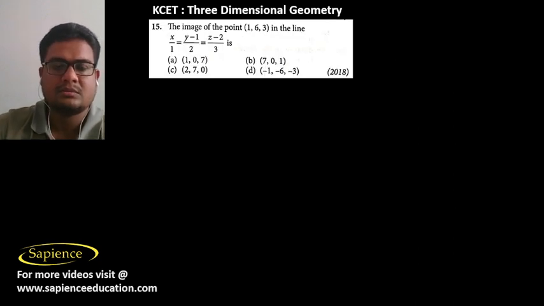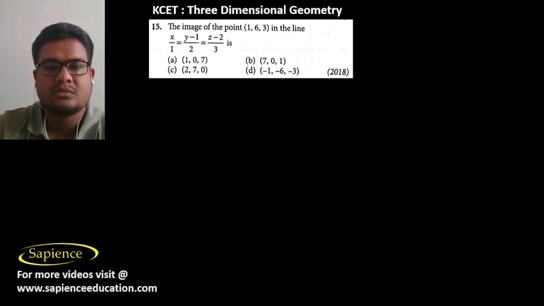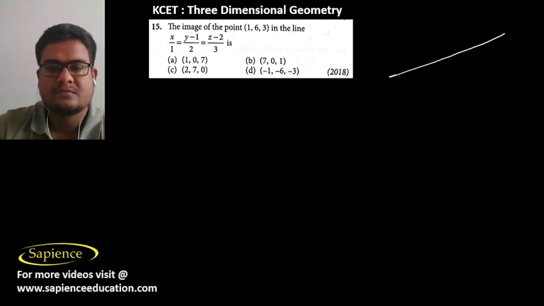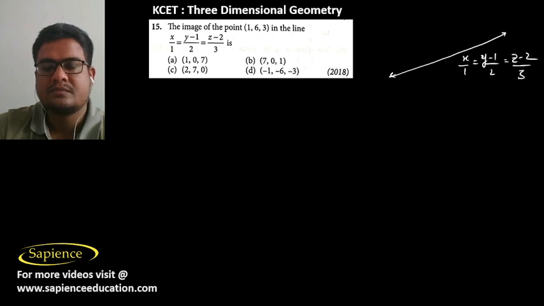In question number 15, it's told the image of the point 1 comma 6 comma 3 in a line is to be found. One line is given. The equation is x by 1 equal to y minus 1 by 2, that is equal to z minus 2 by 3.